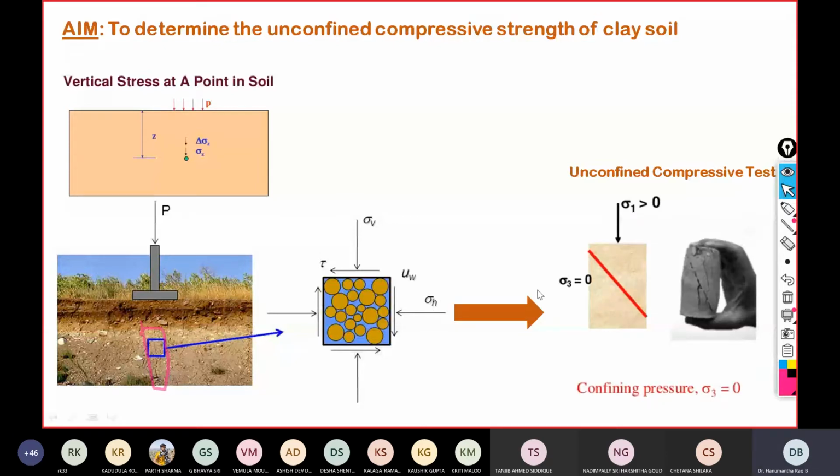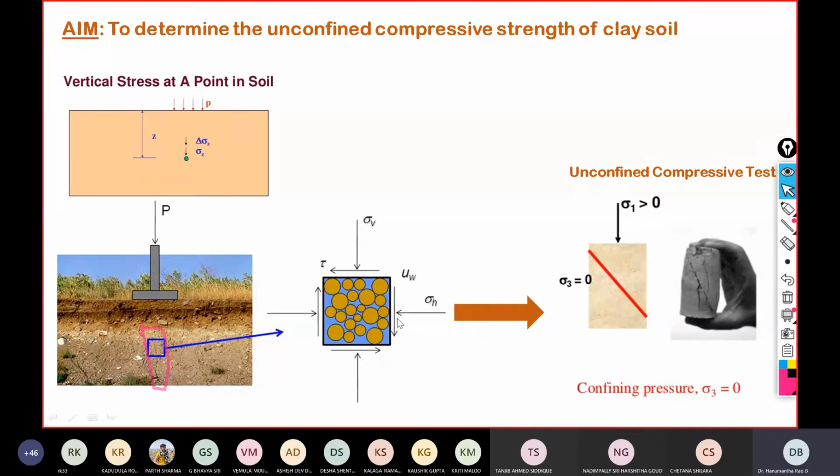In geotechnical engineering, sigma v is typically represented as sigma 1, called the major principal stress, while sigma h is designated as sigma 3, the minor principal stress. Sigma 1 is the major principal stress, sigma 3 is the minor principal stress.